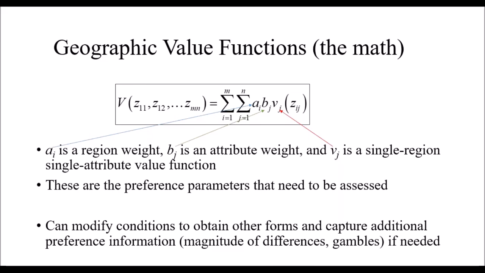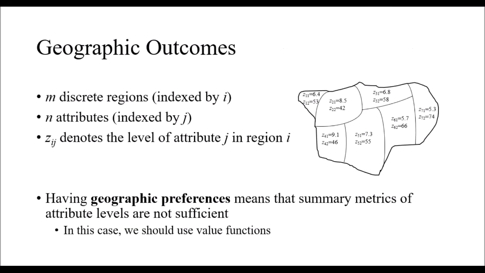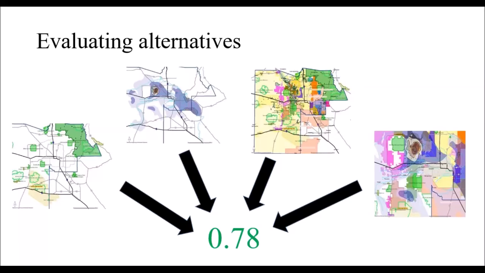Jay, now, let me cut in again, Jay. Okay, just go ahead. A couple of questions. So one question was on slide 7, you showed a number of different maps, and you said you were going to evaluate alternatives, and one score was 0.78. And then you orally said, well, maybe another alternative might get a score of 0.71.